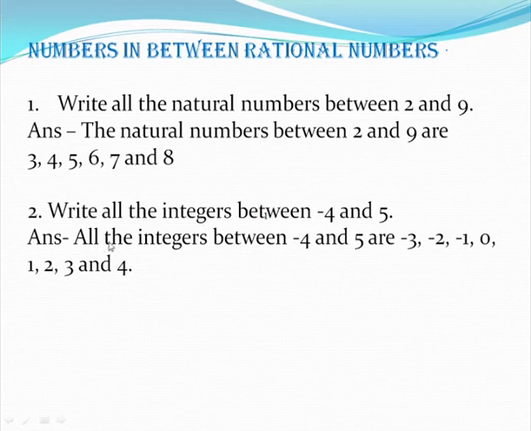Now here all the integers between -4 and 5 are -3, -2, -1, 0, 1, 2, 3 and 4. Here we will write all the numbers between -4 and 5 in ascending order.